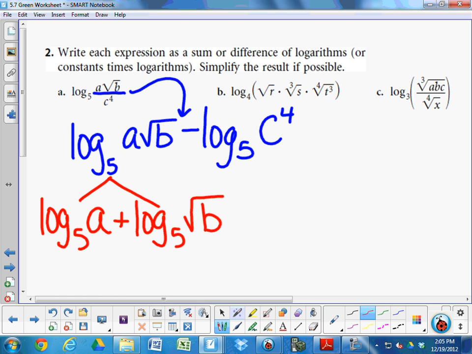In our old textbook series, it was very corny. It said the name of this section was splitting logs. All right? So you have the log of something being multiplied that you can split. You split the log into two separate ones. Okay.